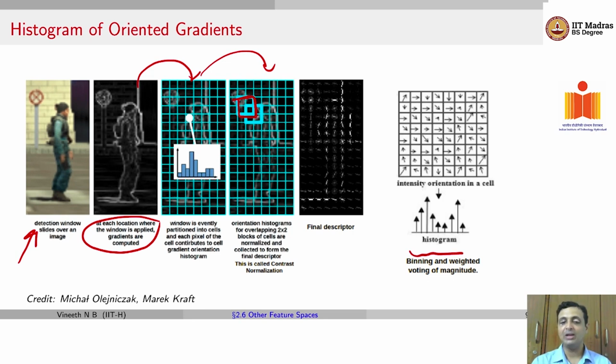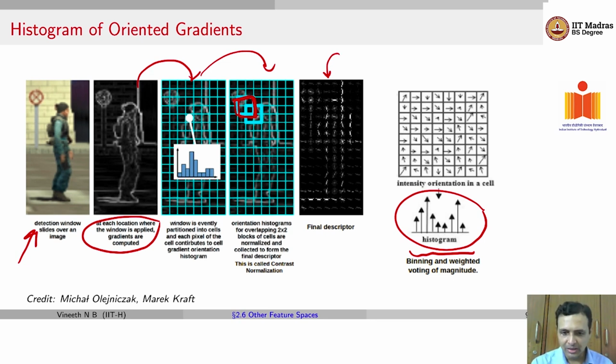Let's say you define 8 different orientations. You see how many pixels in that block had orientations of gradients in certain bins. And you bin them to get a histogram for each 2 cross 2 block, and you do this over overlapping 2 cross 2 blocks, which gives you the histograms that you see on this image on every grid center.